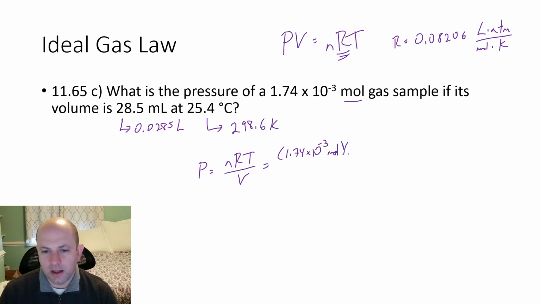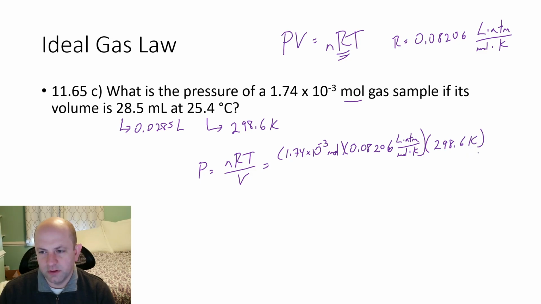We've got R, 0.08206 liter ATM over mole Kelvin. We've got the temperature here, 298.6 Kelvin, and then all of that over the volume, 0.0285 liters. And then it's just plug it into the calculator.